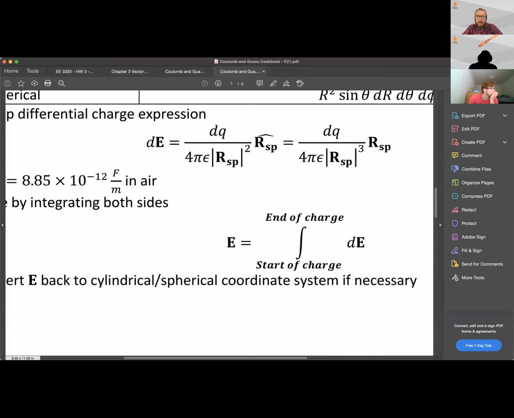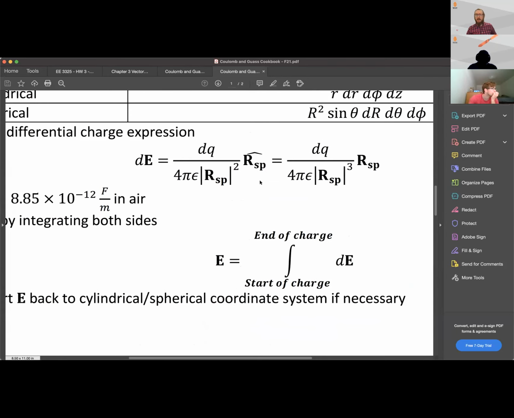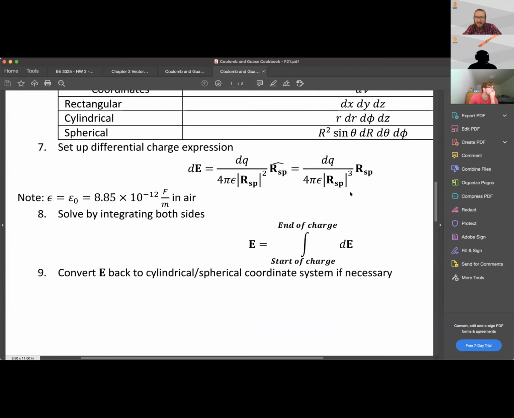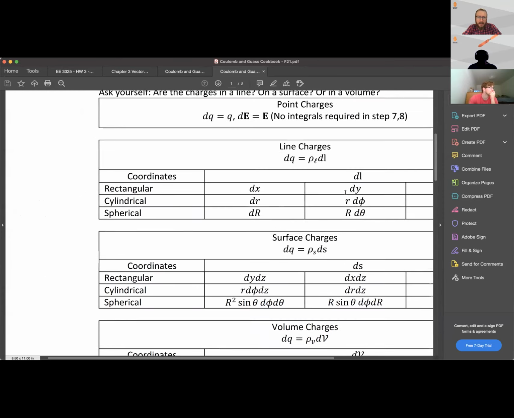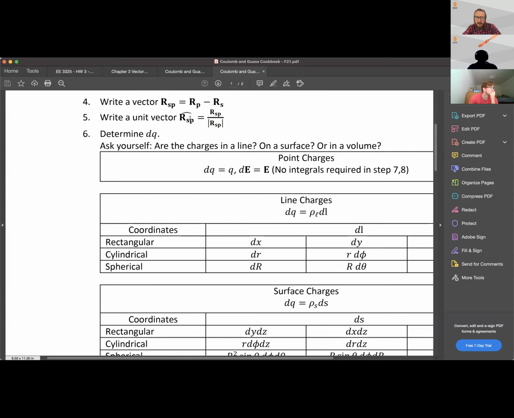You have to know the direction that the field is pointed in, and you can either use a unit vector multiplied by this, or you can use a vector divided by the triple magnitude. And the reason for that is because a unit vector is the vector divided by the magnitude. So that's where that comes from.